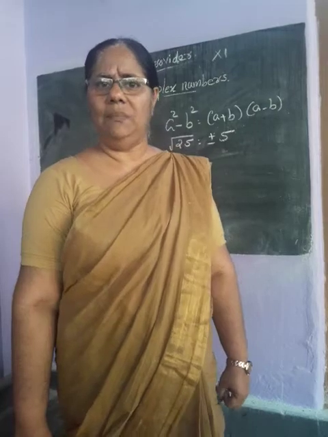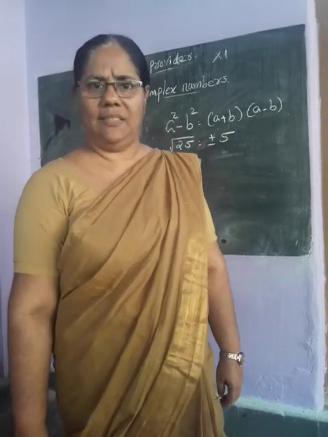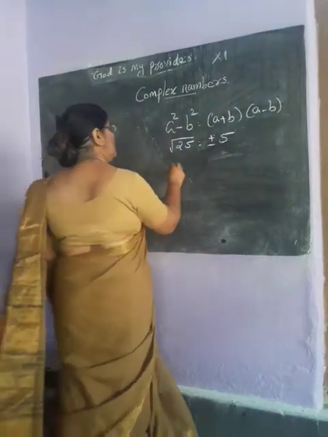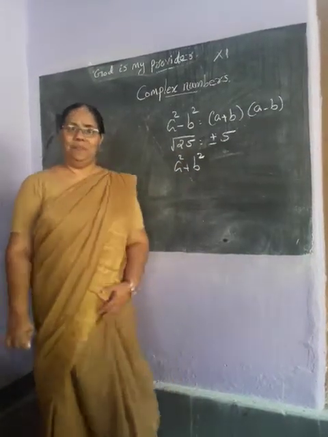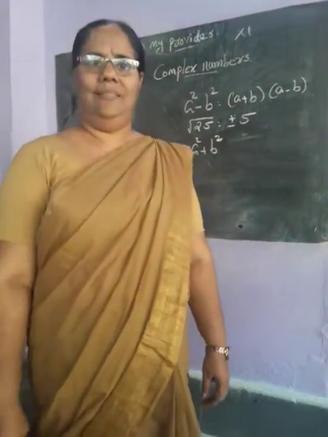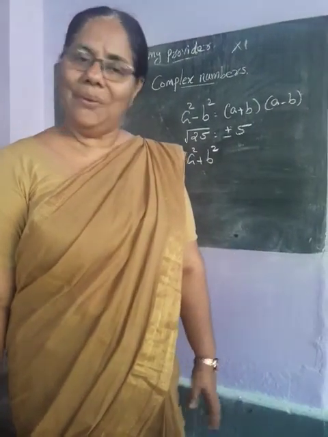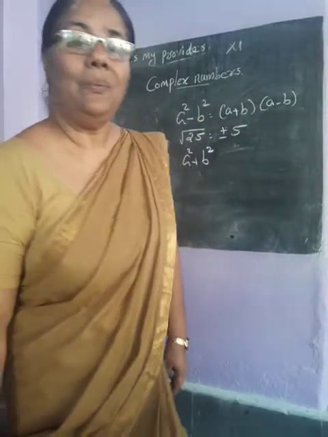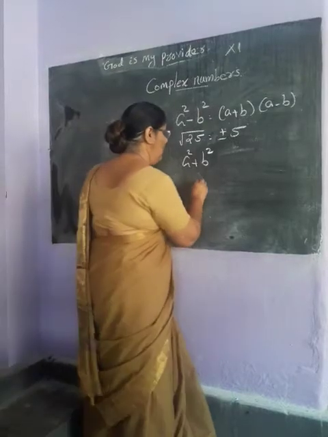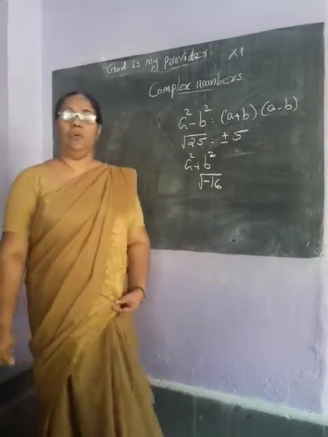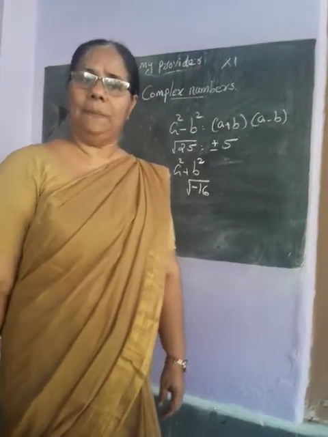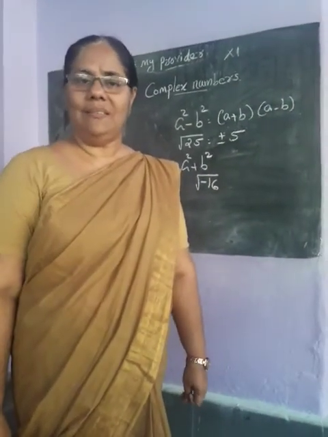Now my question, can you factorize a square plus b square? A square plus b square. Any idea? No idea, isn't it? Now, can you say the answer? What is the answer? Root of minus 16, root of a negative number. Can you say the answer?